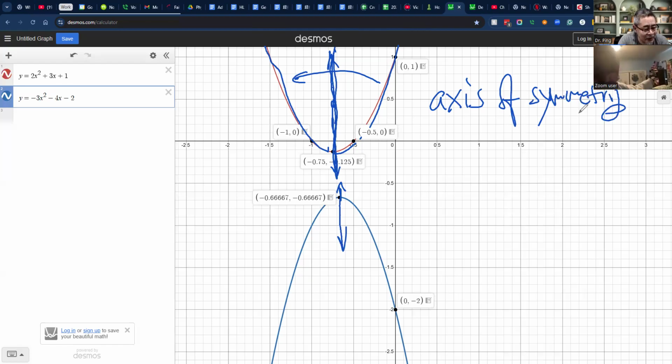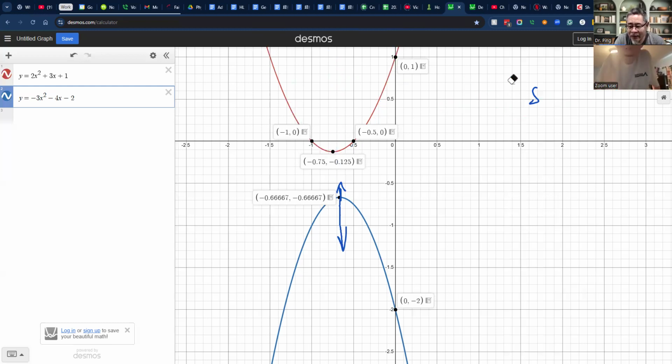Okay, and there's something interesting, a relationship. If we have x-intercept points, the vertex point is always between the two x-intercept points.